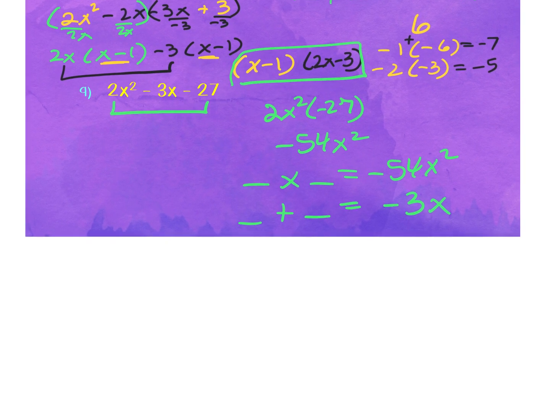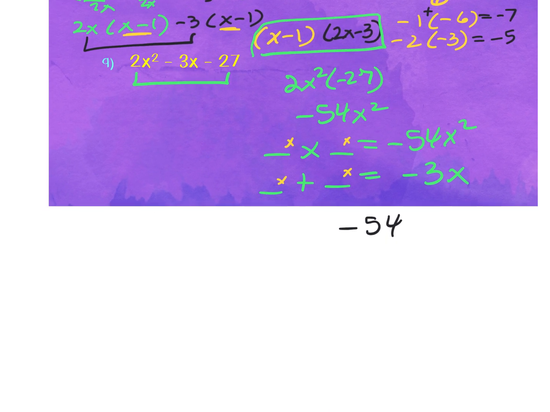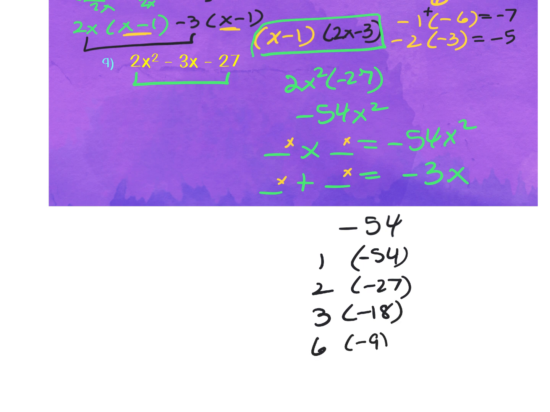So let's start listing. And again, if you don't want to do it with the x, remember, whatever numbers we get for the factors of the negative 54, know it's going to have an x with it. So factors of negative 54 with the bigger factor being negative: 1 times negative 54, 2 times negative 27, 3 times negative 18, 6 times negative 9.